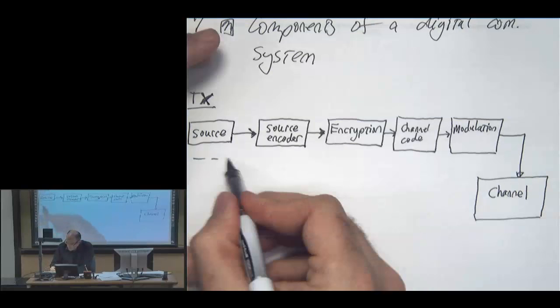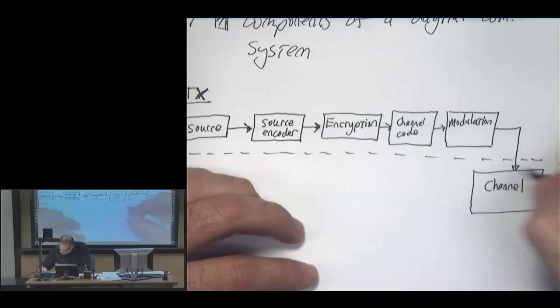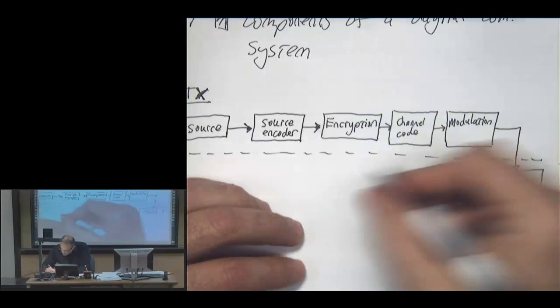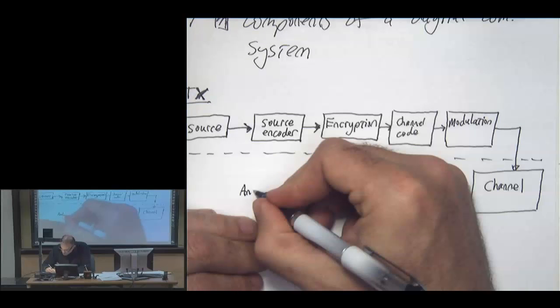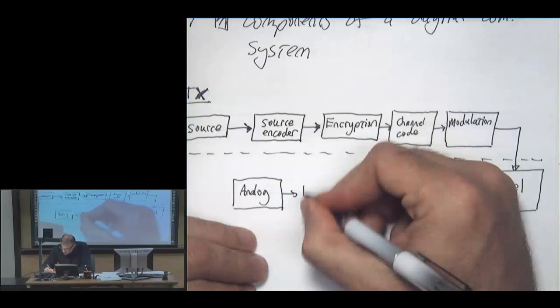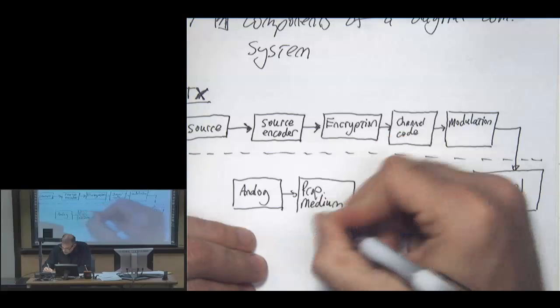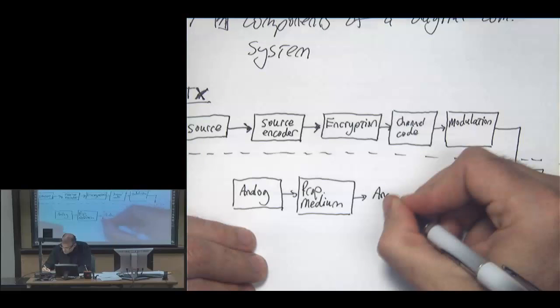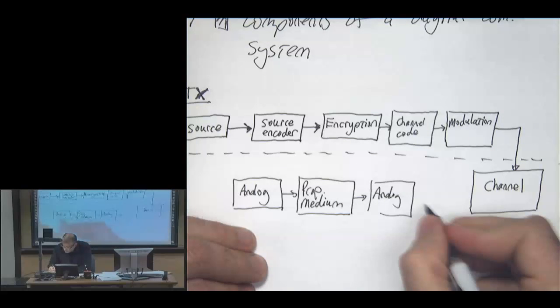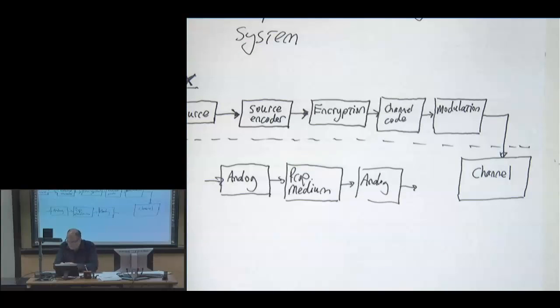Channel is not part of the transmitter, and you can think about the channel block as including an analog piece, like the analog front end, the propagation medium, and then more analog components here. So this is what is contained in this box here.